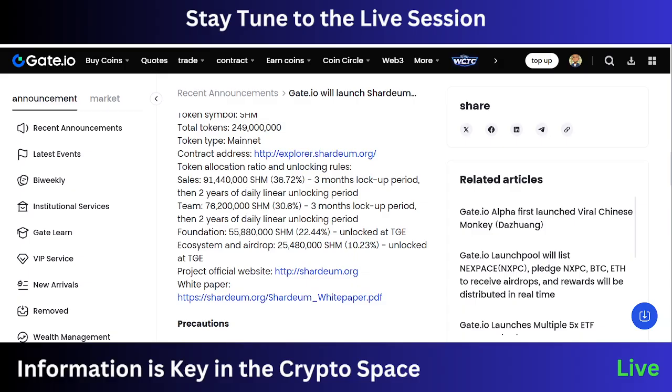And for the ecosystem and airdrop, 10% of the tokens are allocated, which is estimated at 25.4 million SHM, and also unlocked at TGE.